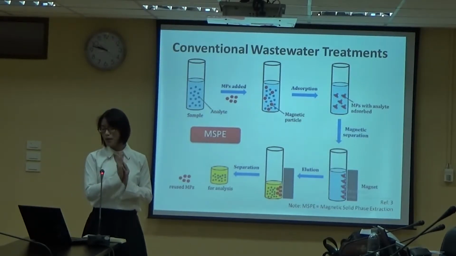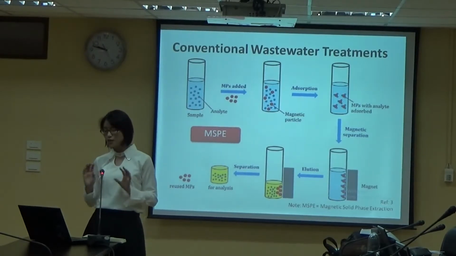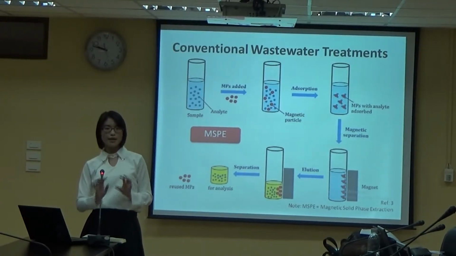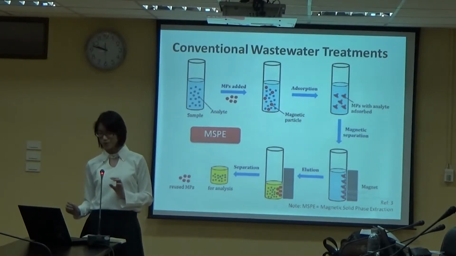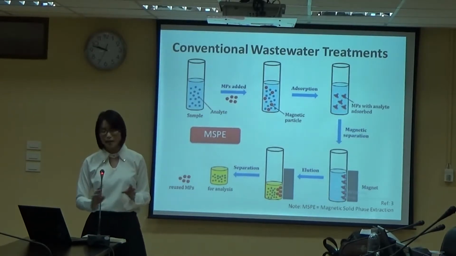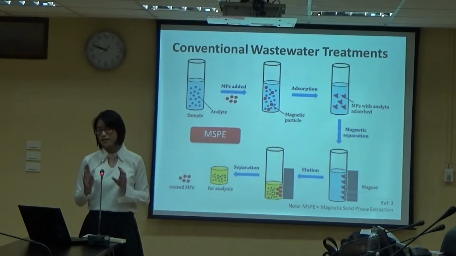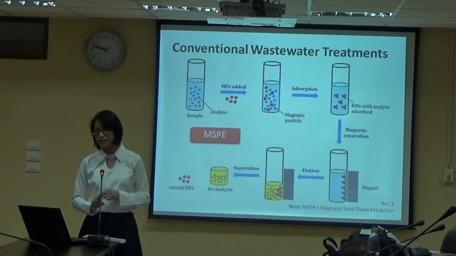Then we apply an external magnetic field in order to separate the magnetic particles with the analyte from the water sample. One of the good things about this technique is that we can reuse or regenerate the magnetic particles by the techniques of elution and separation.